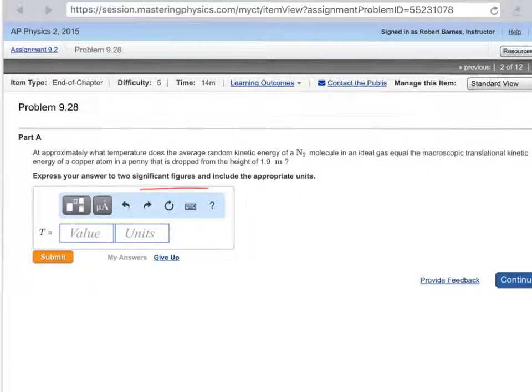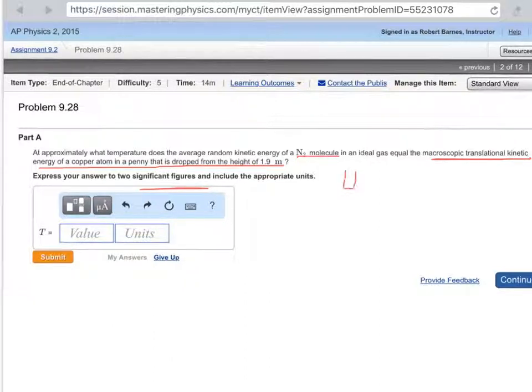It says, approximately what temperature does the average random kinetic energy of a diatomic nitrogen molecule in an ideal gas equal the macroscopic translational kinetic energy of a single copper atom from a penny dropped from a height of 1.9 meters?